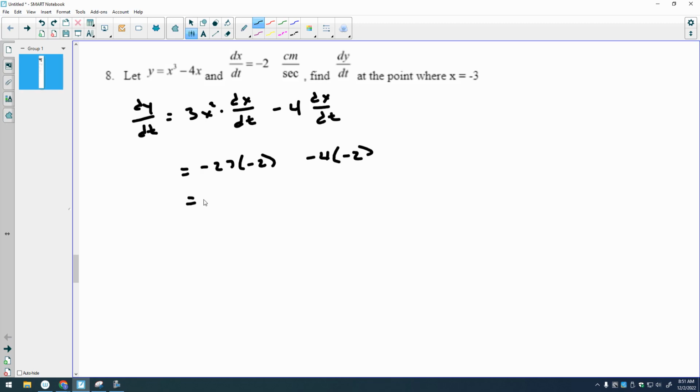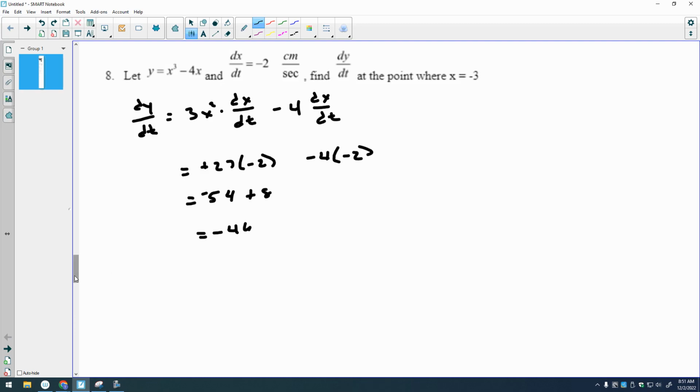And so I get 54 plus 8. Is that a negative? That's positive. Oh, that's positive 27. Sorry. You probably caught me. That's a -54 plus 8 is a -46. -3 squared, +9, +27. Yeah.